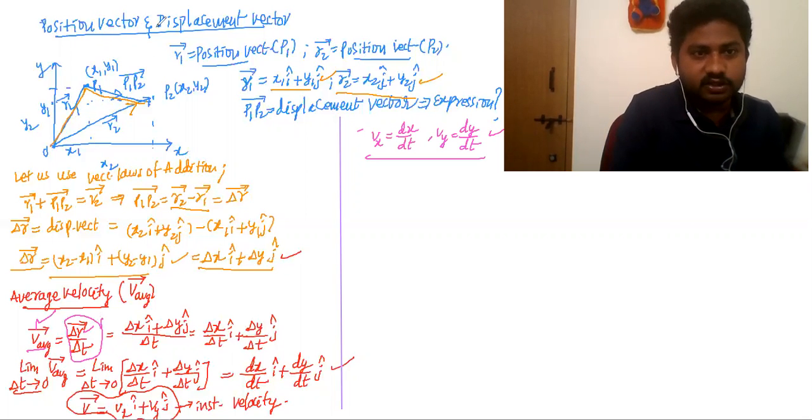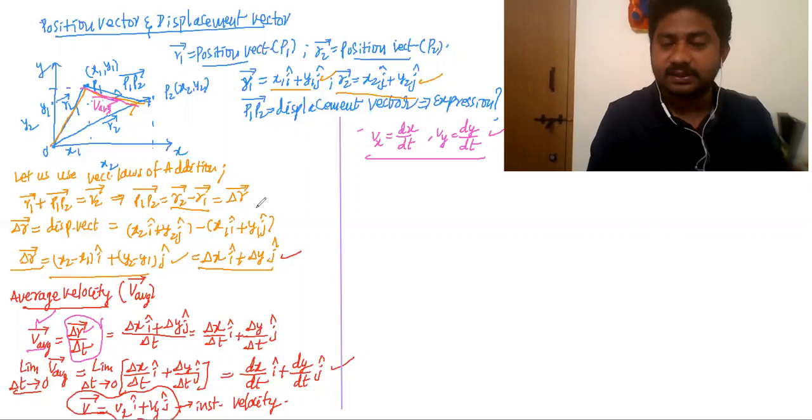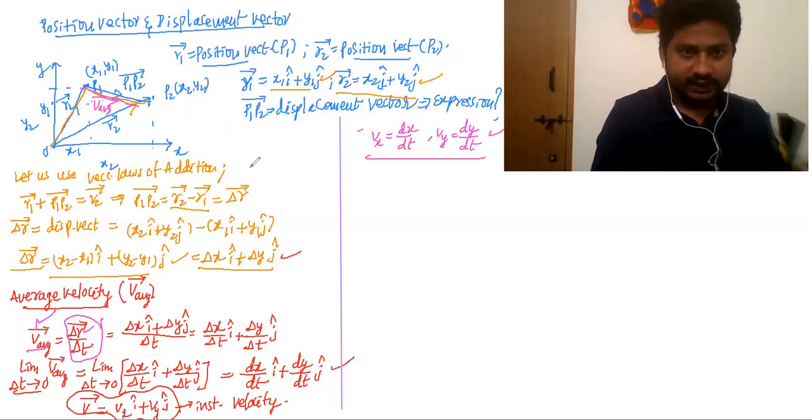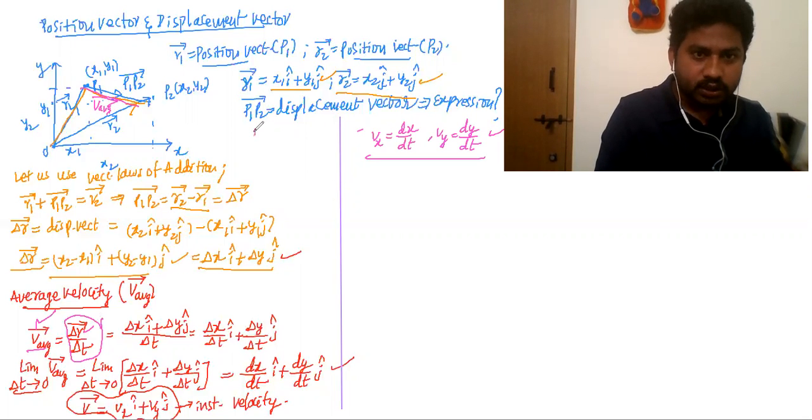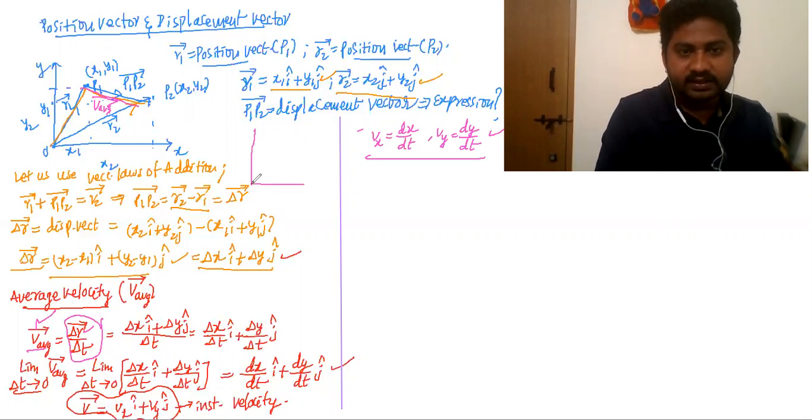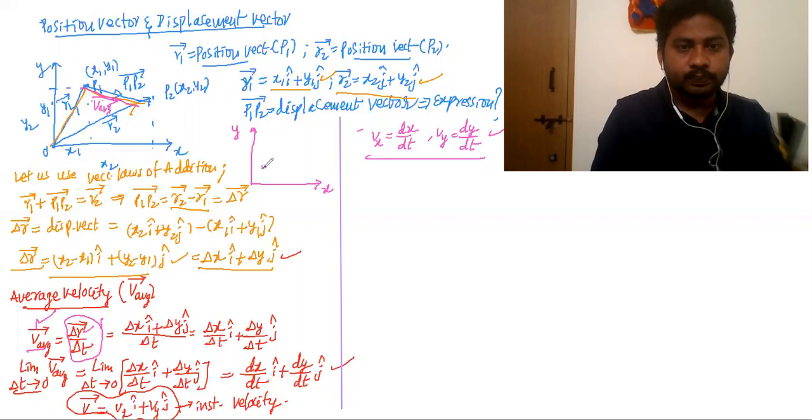What is the direction of the displacement vector in our diagram? So this is the direction. So your average velocity is also directed in the same direction. Okay, clear? But instantaneous velocity is not like that. Imagine a situation where the x-axis and y-axis are like this, and the particle is traveling like this.